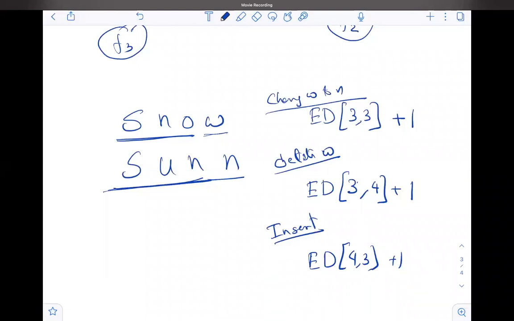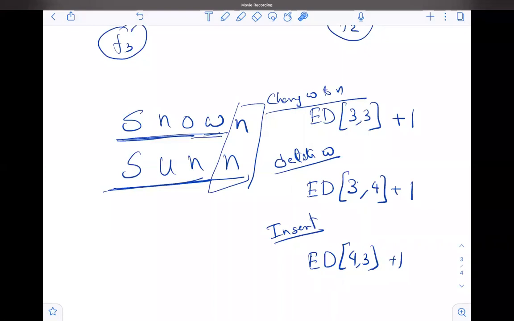Yeah, so the insertion: the other thing I can do is not do anything to W, and instead add an N over here. If I add an N, then the last bit is N. So all I have to do is change SNOW to SUN. That is ED(4,3).